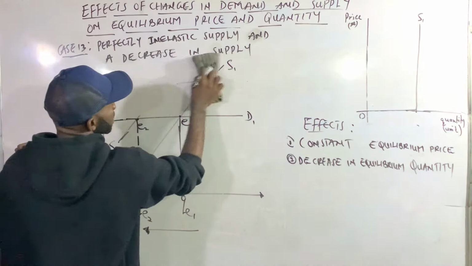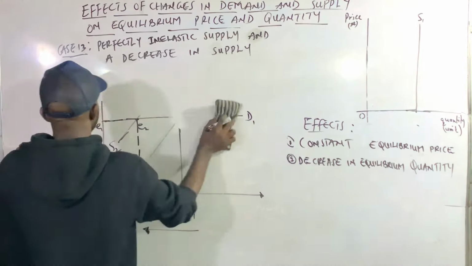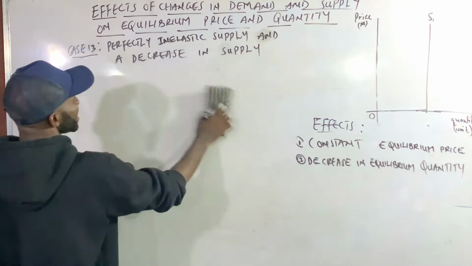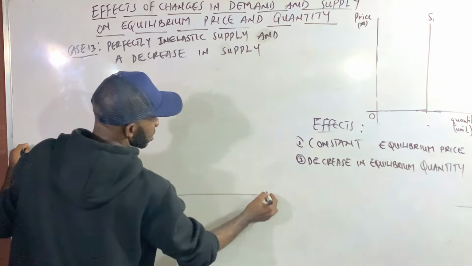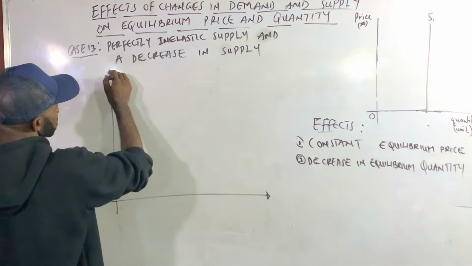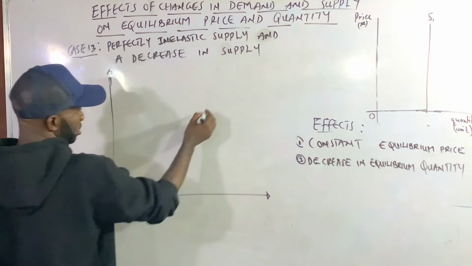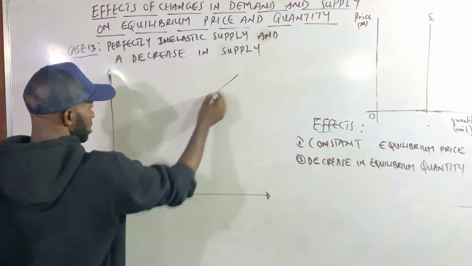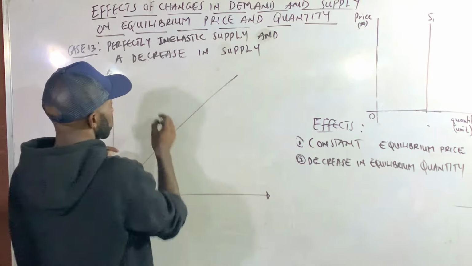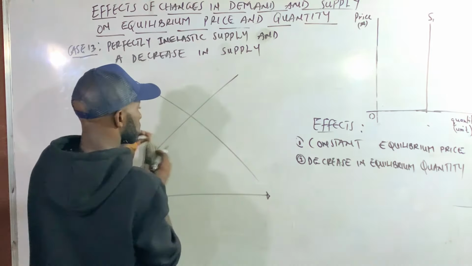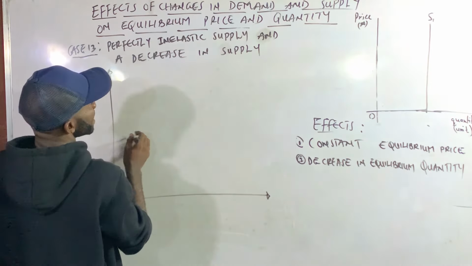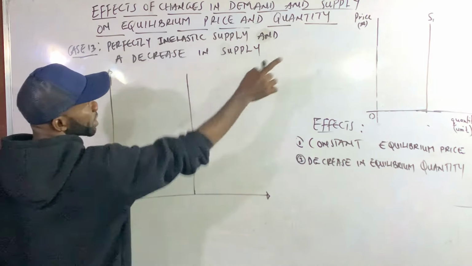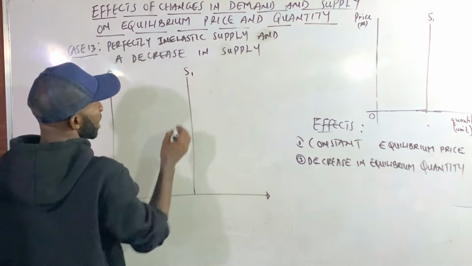And then we'll go back to the diagram and start all over again so that we don't get confused. So perfectly inelastic supply is a supply curve where price changes without a change in quantity. What do we have? We have perfectly inelastic supply.